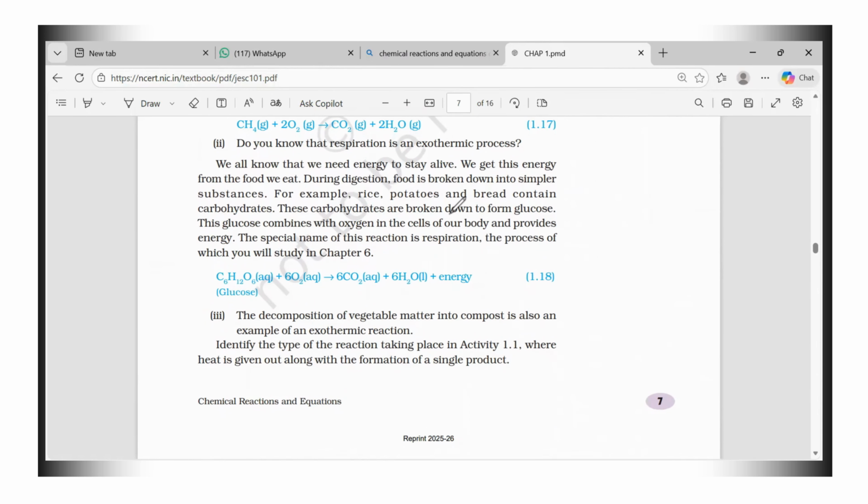Since energy is released during respiration, it is also considered a combination reaction or exothermic reaction. Now, decomposition of vegetable matter: actually, the name is decomposition, but as energy is released, it is also considered a combination reaction.